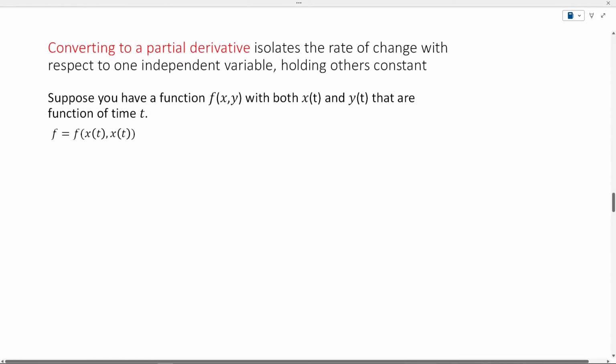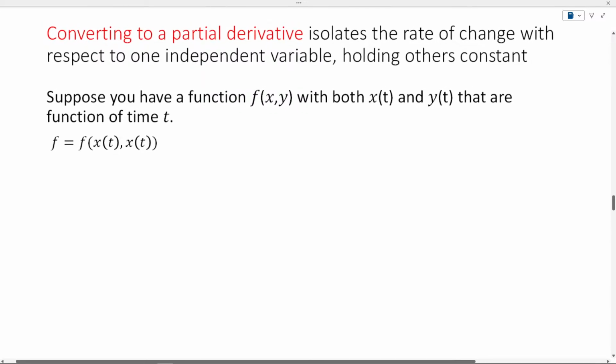Yeah. Now let's move to an important subject, because here I just want to show you the difference between the total derivative and partial derivative.